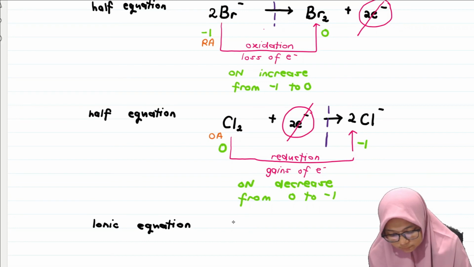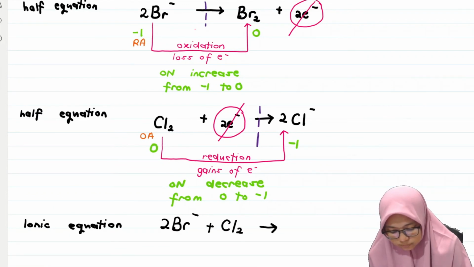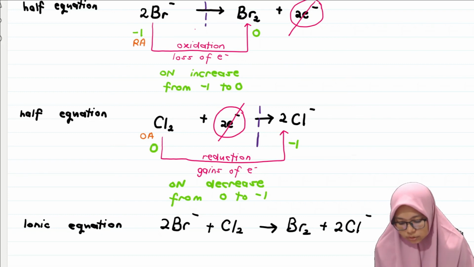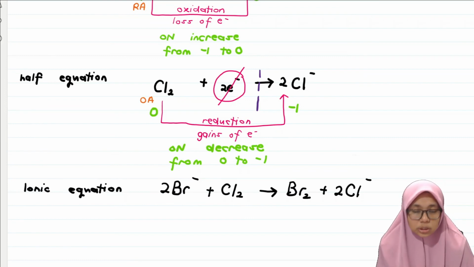So you will have 2Br minus plus Cl2 produce Br2 plus 2Cl minus. In this reaction, as you can see, the bromide changes into bromine, and the chlorine changes into chloride.